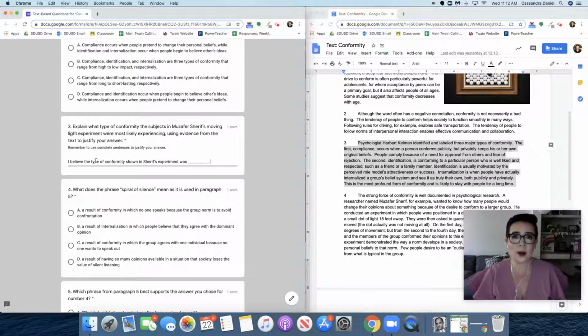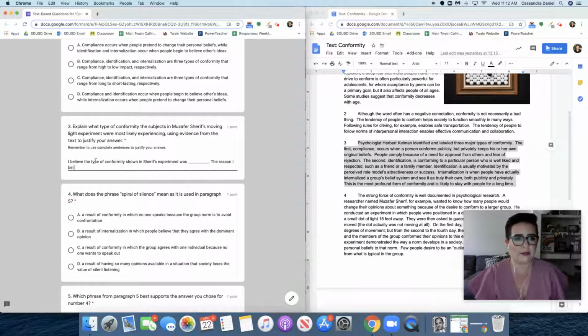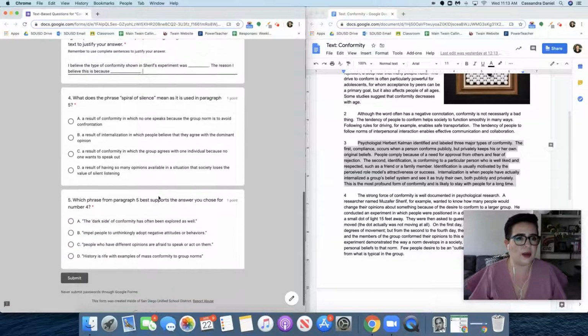And this is a 2-part answer, okay? So you need to say, the reason I believe this is because blank. So you can explain what went down in that experiment, why people decided to go with other folks' thinking on how much that little dot was moving. That's what you're going to need to know there.